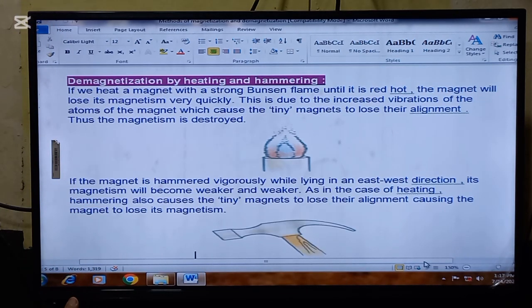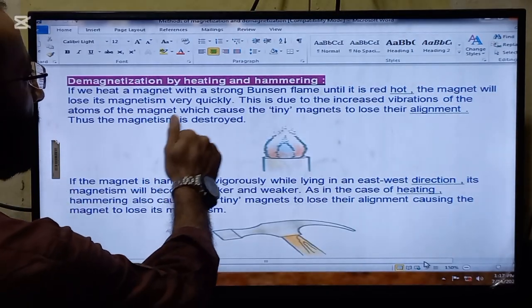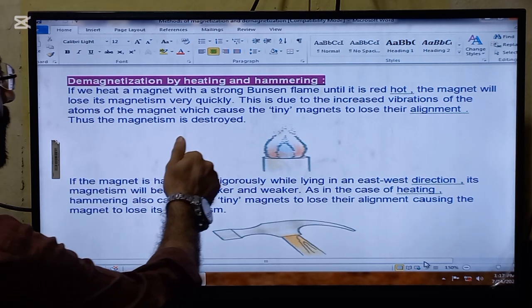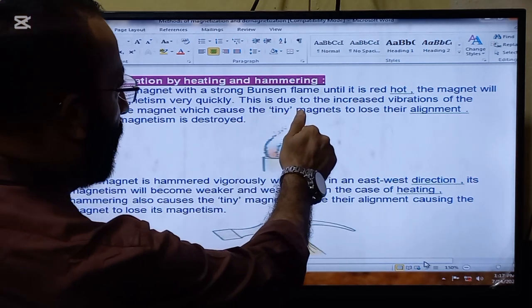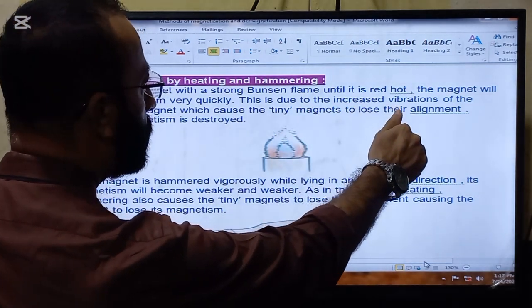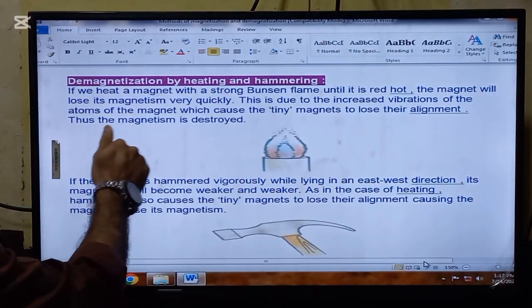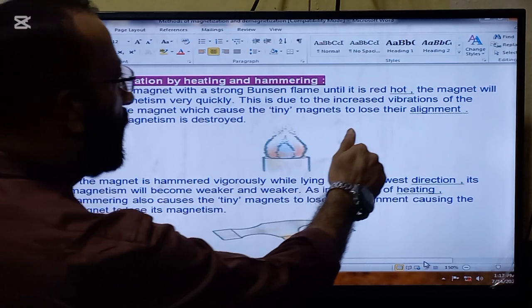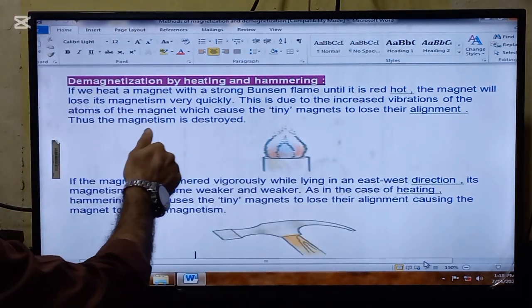The next methods that we are going to read to demagnetize a magnet are heating and hammering. Look now, if we heat a magnet with a strong Bunsen flame until it is red hot, the magnet will lose its magnetism very quickly. This is due to the increased vibration of the atoms of the magnet.